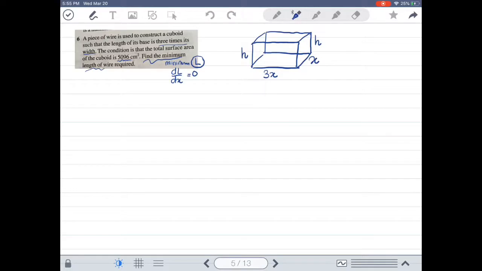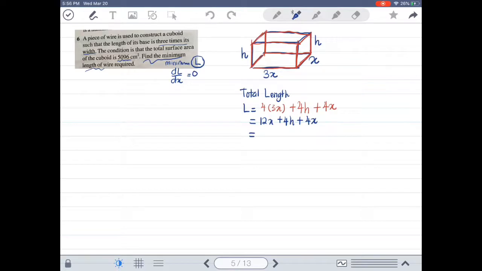From the picture, total length L is just equals to, let's see, 4 times 3x plus 4h plus 4x, which is just equals to 12x plus 4h plus 4x.